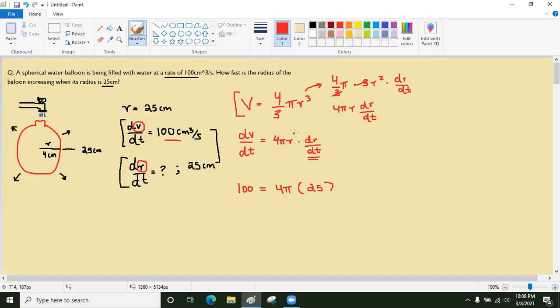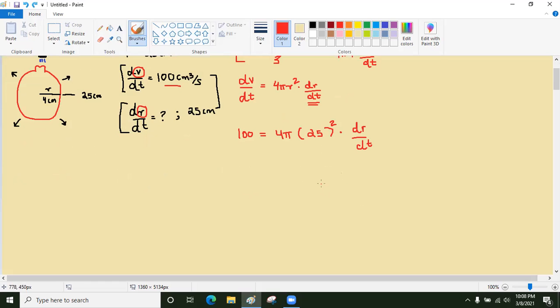And of course we forgot to, when we were taking the derivative of r cubed, bring down 3, multiply it by r, and then that would be r squared because we want to decrement the power by 1. That's a standard power rule for taking derivatives. And then that's 25 squared multiplied by what we had before, which is dr/dt, which, if you come back here, is what we wanted to solve for.